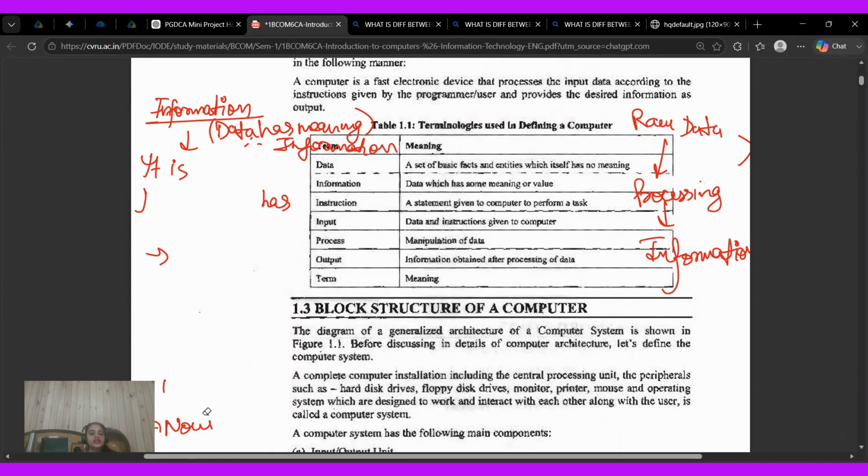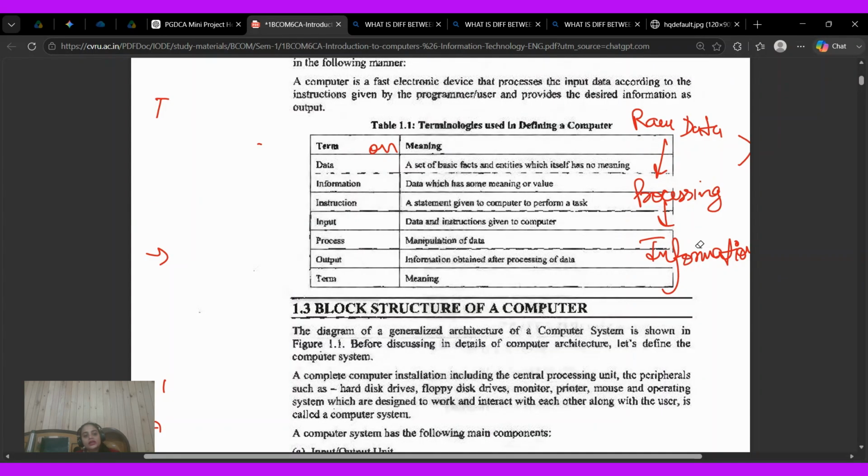Data is input, information is the output. Always remember this. Data cannot help in decision making, but after it has been converted into information, it helps in decision making.